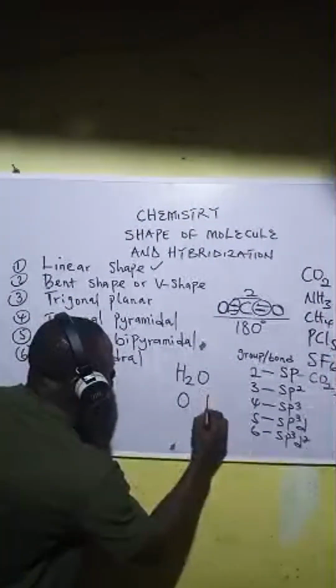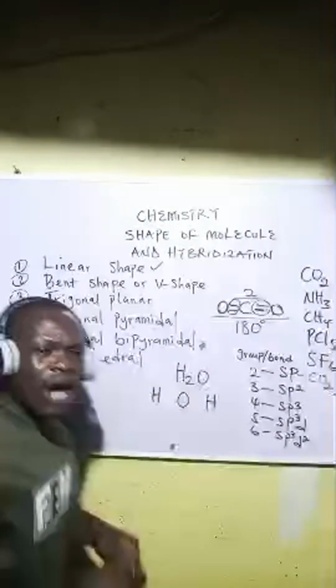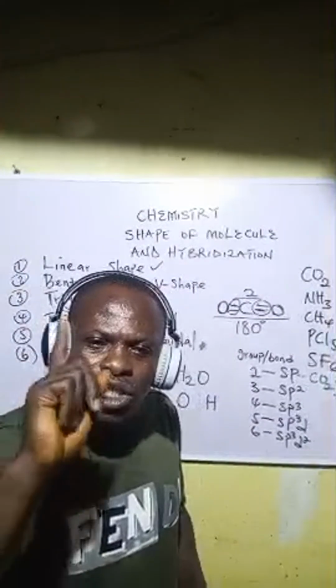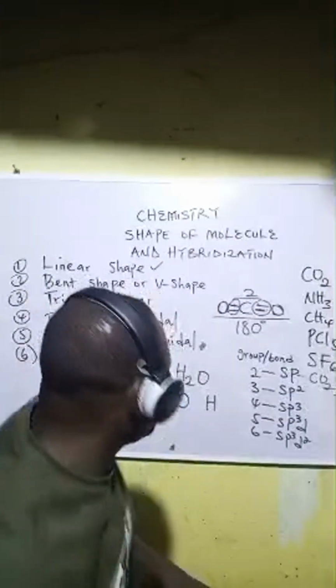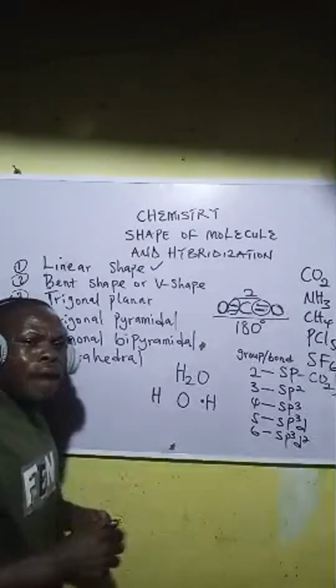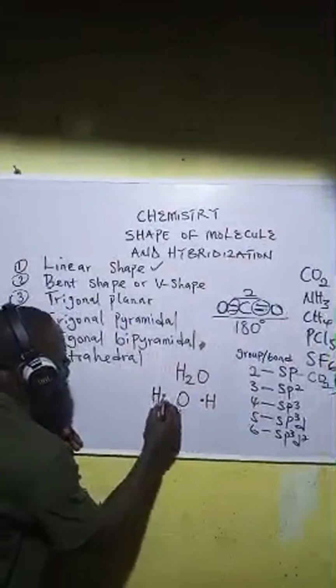Now we have water, hydrogen this side, hydrogen this side. How many electrons has hydrogen? Hydrogen is number 1, so it has 1 valence electron. We'll put the electron here. The other hydrogen will put 1 electron here.